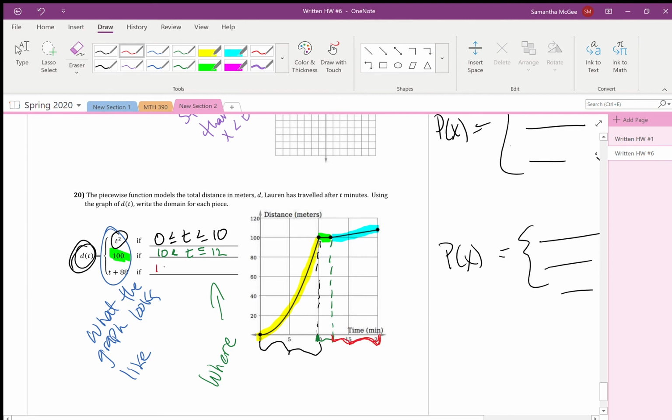So it starts at 12, ends at 20. Notice that I had a closed dot here, which is why I had the "or equal to" here. And then we had a closed dot here, which is why we had the "or equal to" for that part.